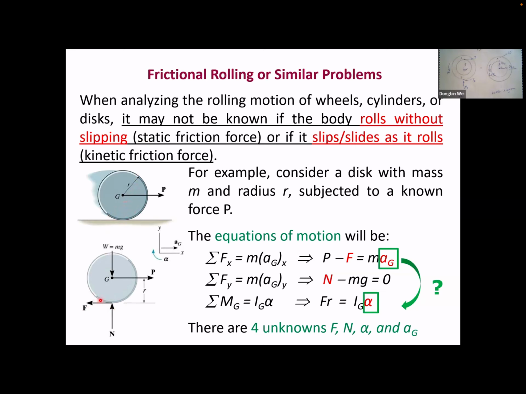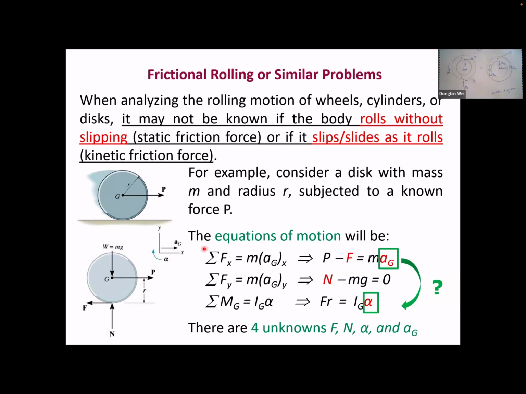But if it is rolling with slipping, then this friction force will be kinetic friction force. Initially, you don't know. Anyway, we still can establish our three equations.